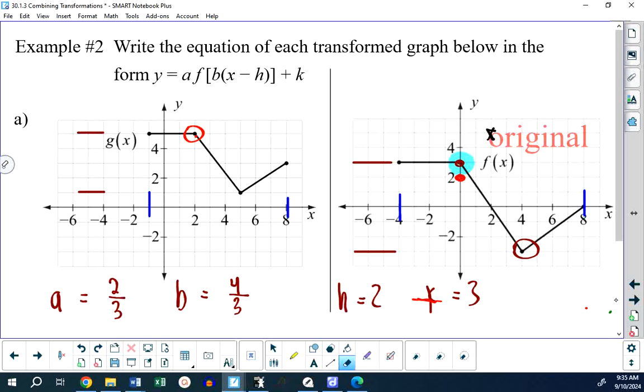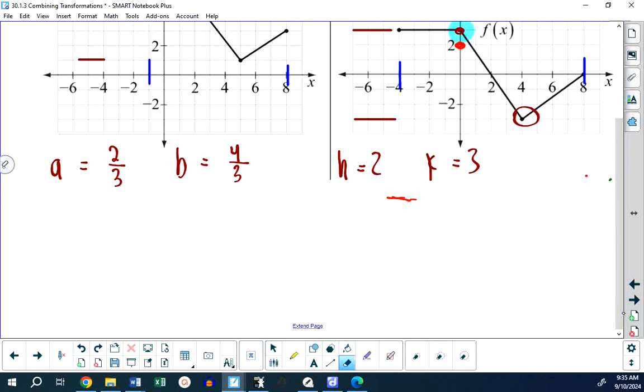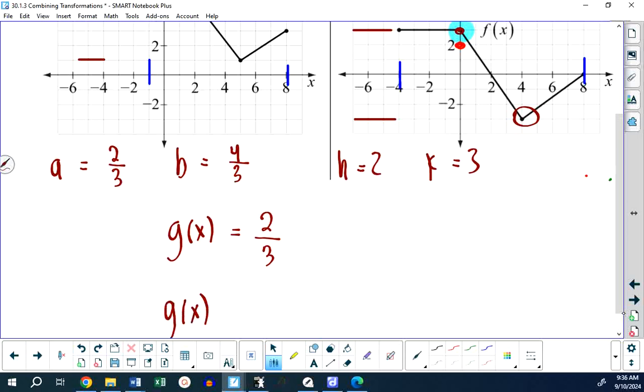So, what's the equation of the function? It's y is equal to, or g of x if you like, is equal to 2/3, that's where a goes. I'm saying g of x is a f of b bracket x minus h bracket plus k.